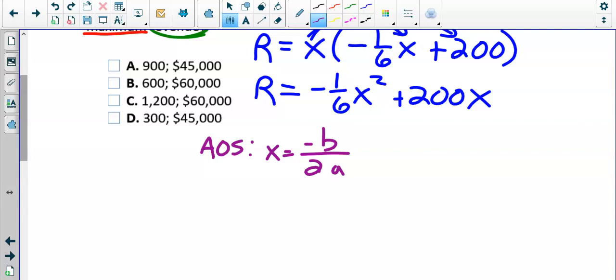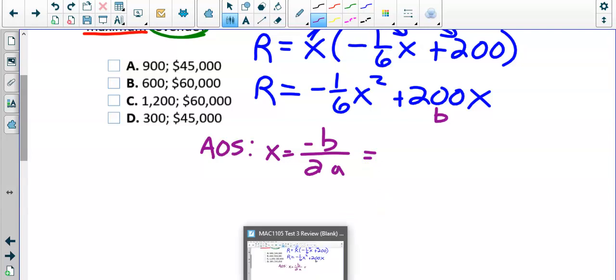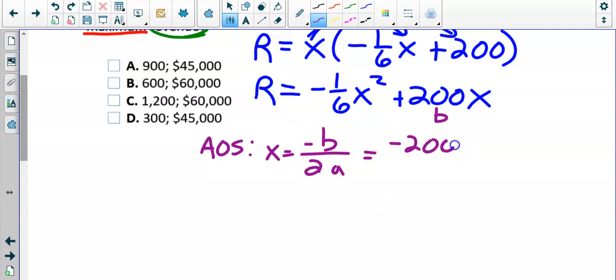So up here, I need b. What is b up here? 200. But what's the opposite of 200? Negative 200. So there's your top value. Divided by 2 times, what's a? Negative what? Okay.